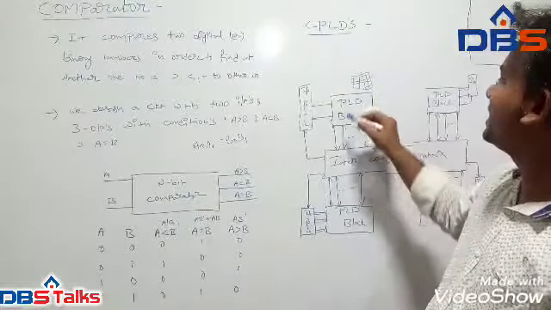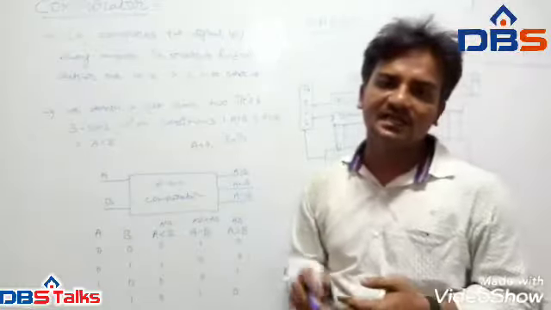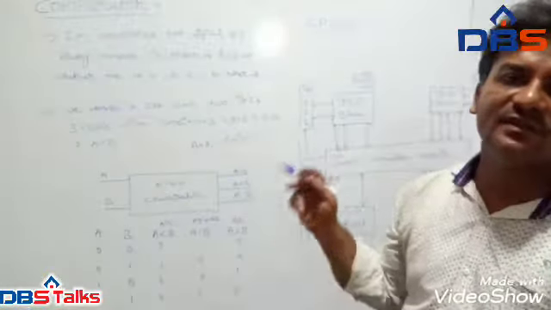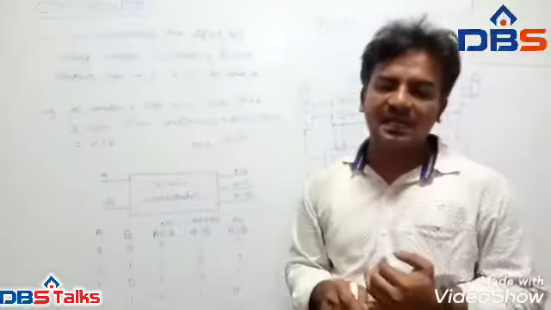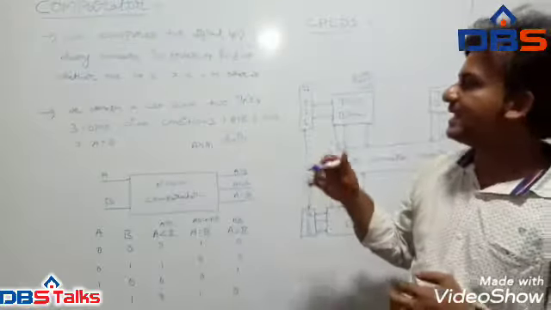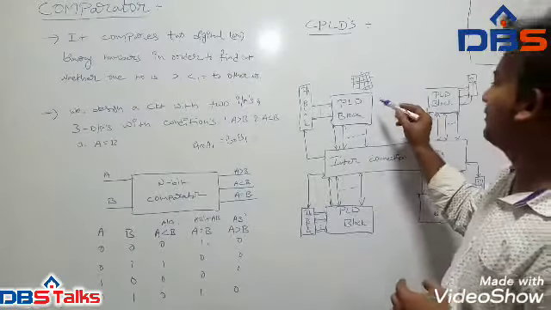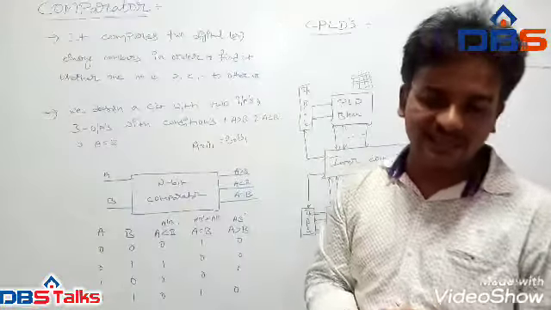By using PLDs, we don't want to use printed circuit boards within that device, so the area of the PCBs also decreases and the speed increases, and the field upgrading capability is very high compared with other circuits.